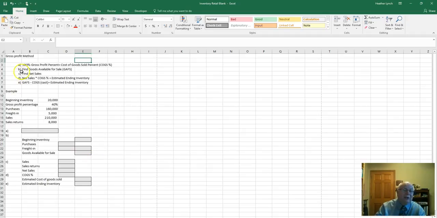The first thing is you take 100% minus your gross profit percentage, which equals the cost of goods sold percentage. So what this is equal to is basically you have sales, and then you have your cost of goods sold, and that equals gross profit when you subtract them. Okay, a very basic type of thing. So if sales are, say, $200, cost of goods sold is $150, that means gross profit is 50, right?